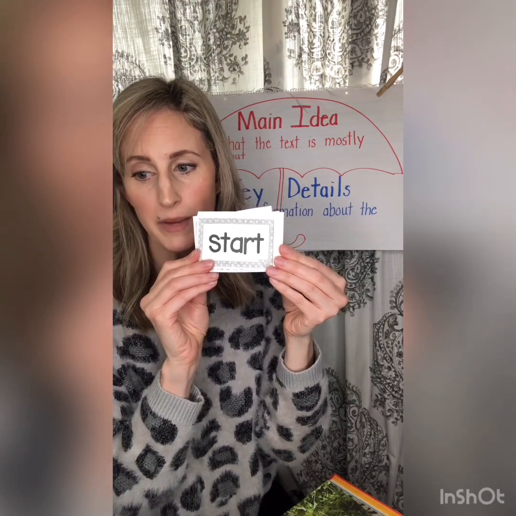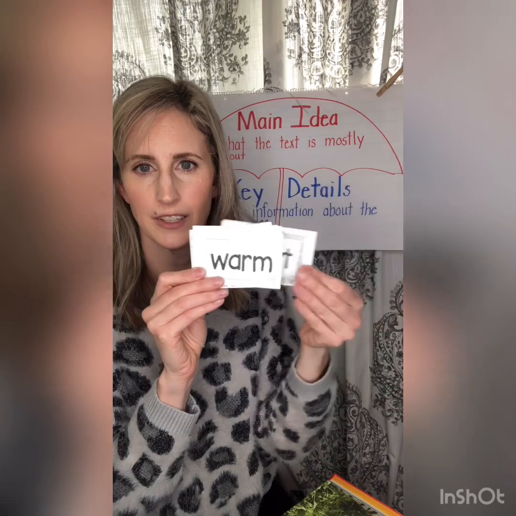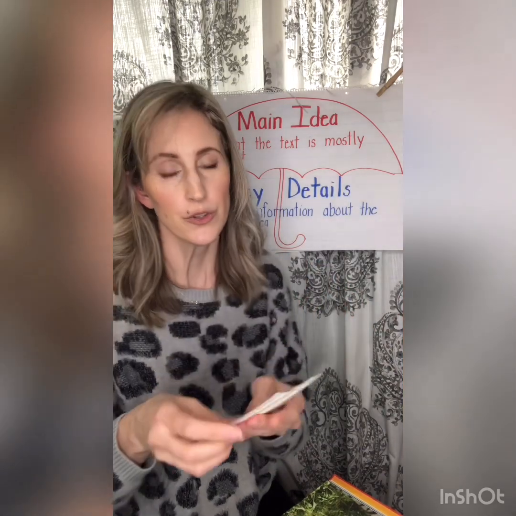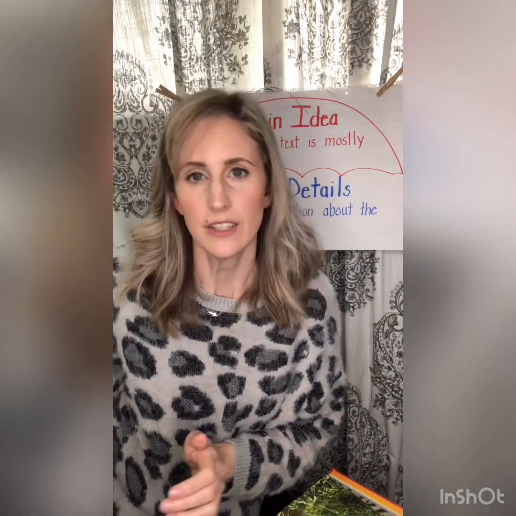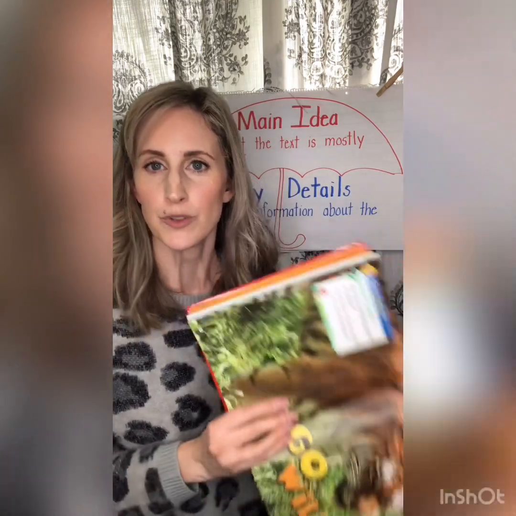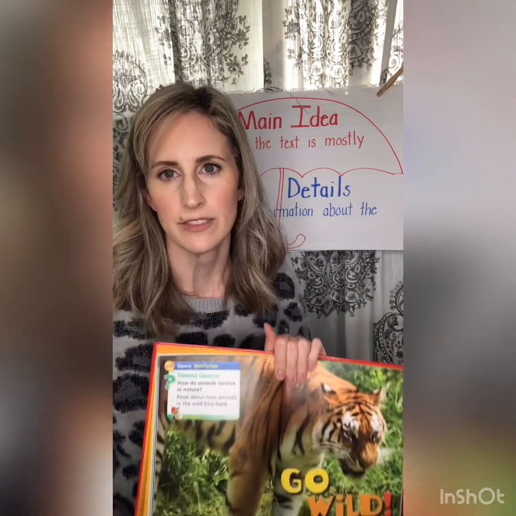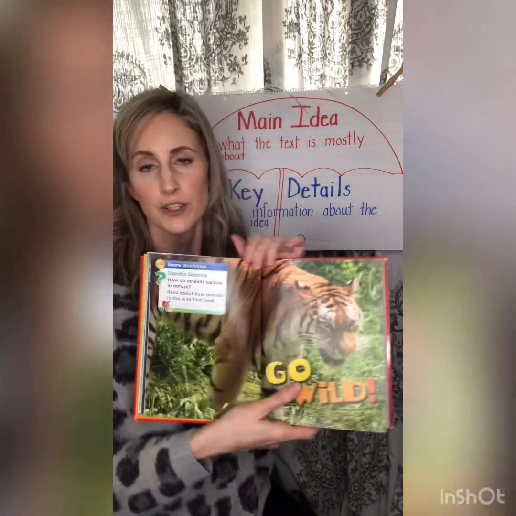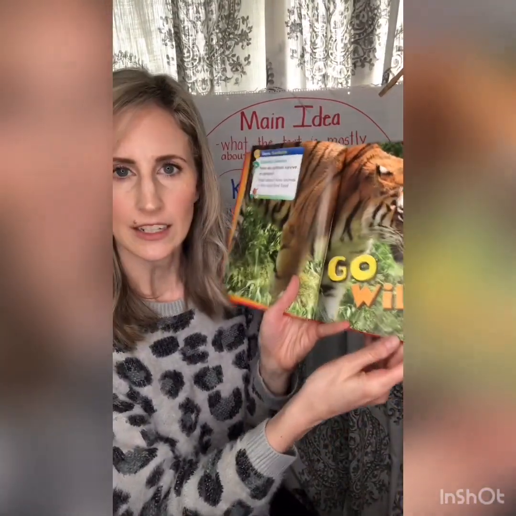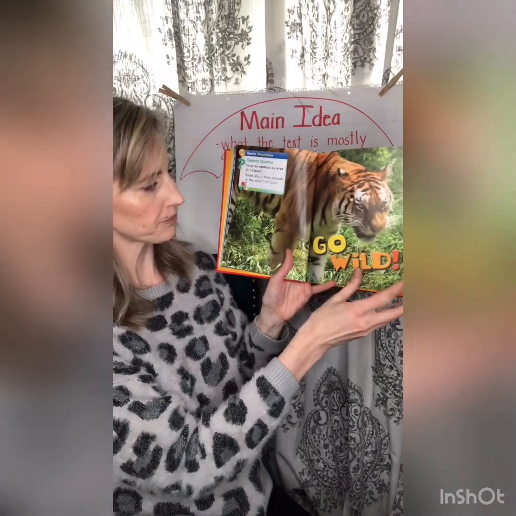I need to start my homework. And we got them all. So those words are going to be in our story. So make sure that you do the activity that says sight word activity 1 to practice those words. All right, so let's focus on the main idea of our text Go Wild.